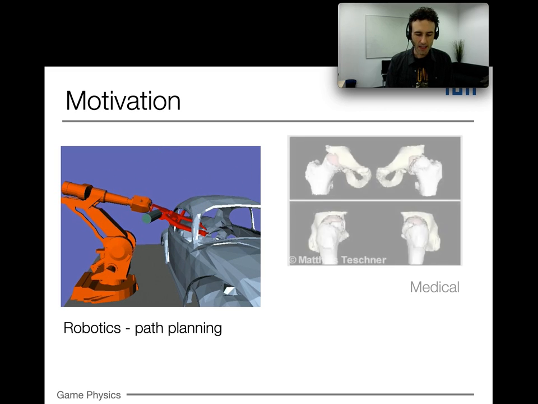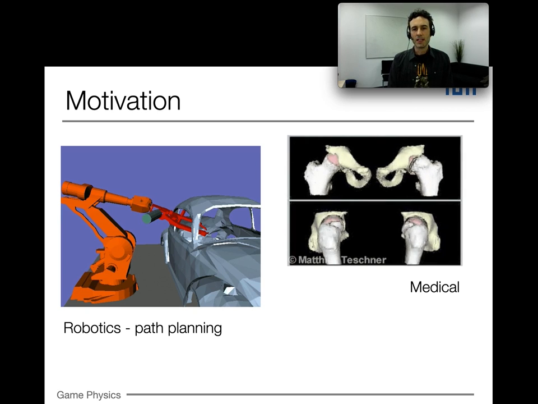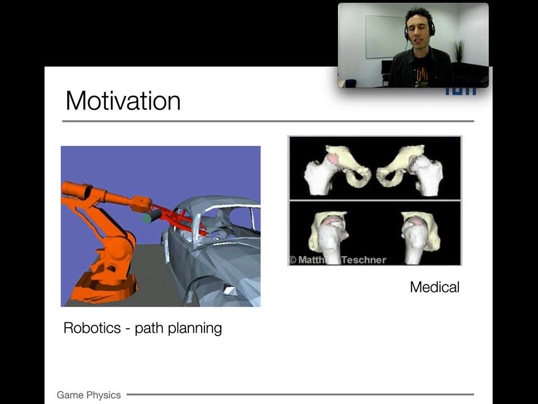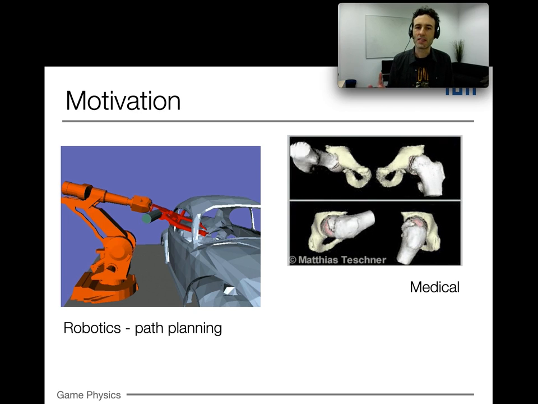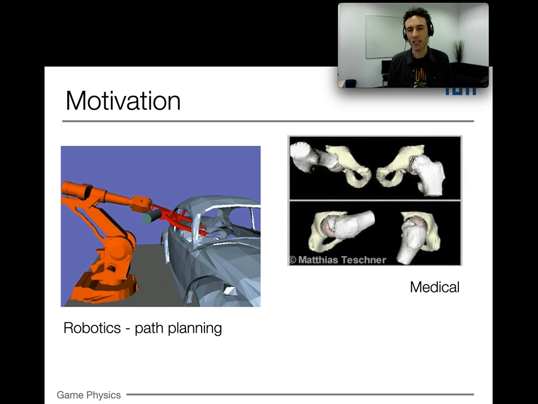Another one is this one, a medical one, from a group in Freiburg. So for medical procedures, for example, if I want to create a new hip joint or a supplement for a bone, I actually ideally find a shape that fits with the current bones that a patient has.